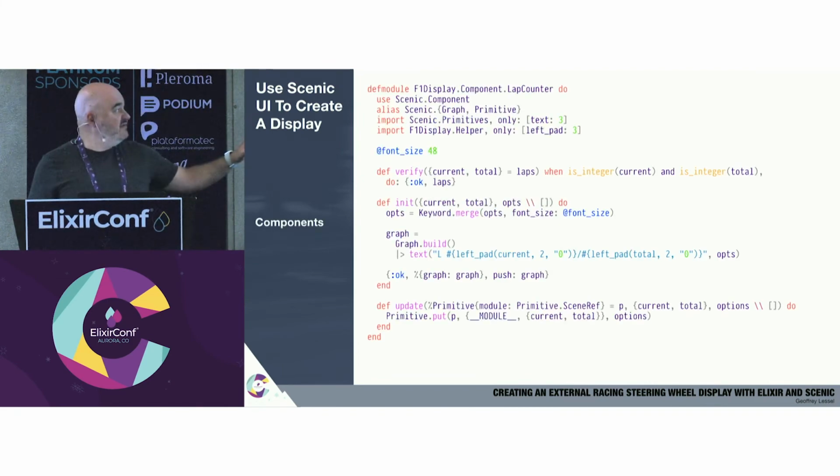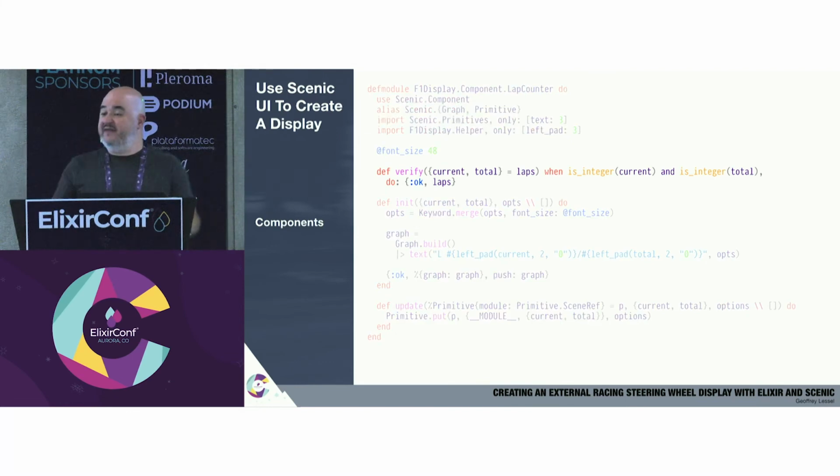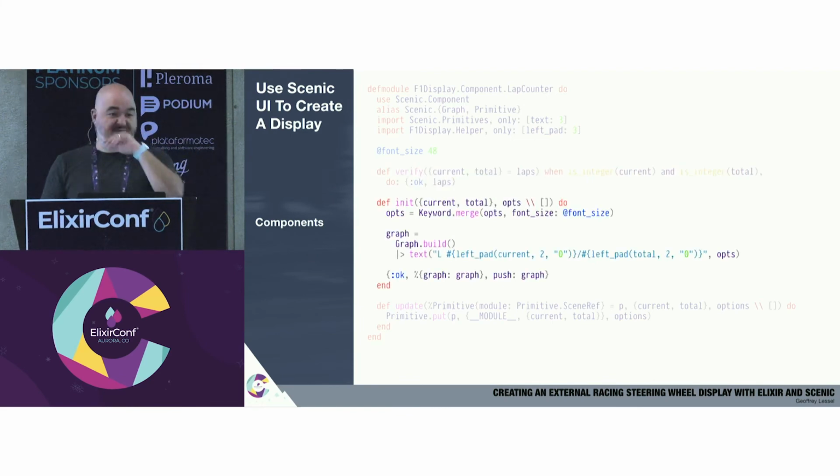So here's our lap counter component. It's pretty small, but this basically tells the lap counter how it should present itself and how it should be updated and verified. So you can see here it's got a verify function, so you have to provide this. Given the inputs that you've been given, can you provide a functional screen for this particular component? And that's where we say, okay. And if that's the case, then we initialize with this particular graph.